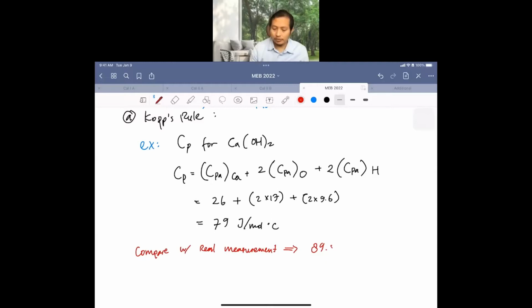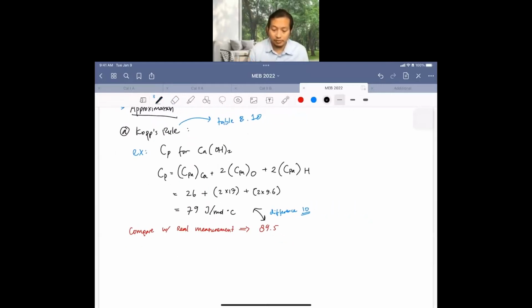If we compare with the real result, the real measurement is 89.5. So the difference is around 10, right? Around 10. So I think it's quite large if we compare with another rule that we have.